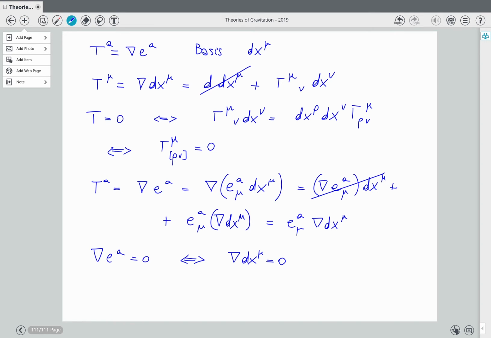Now you know how to change bases in every way you like, how to define and work out covariant derivatives of any type of objects, with or without flat space or space-time indices, a form, a differential form, whatever it is.